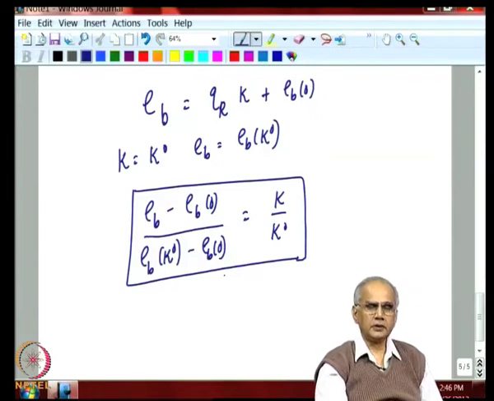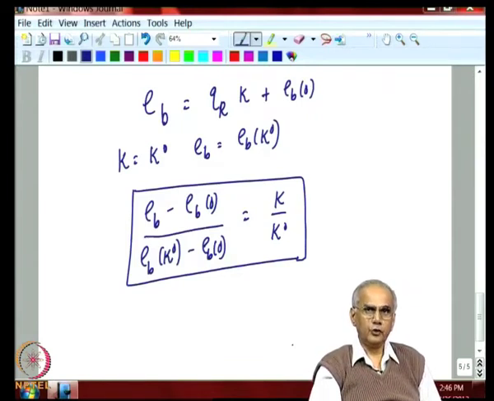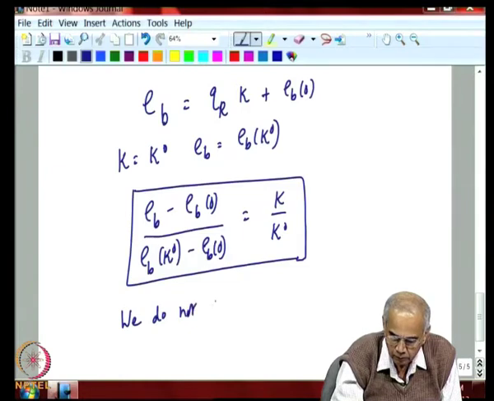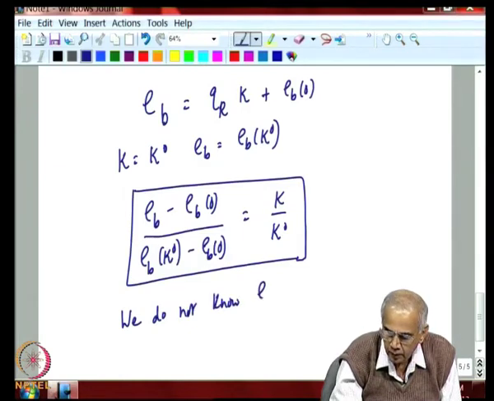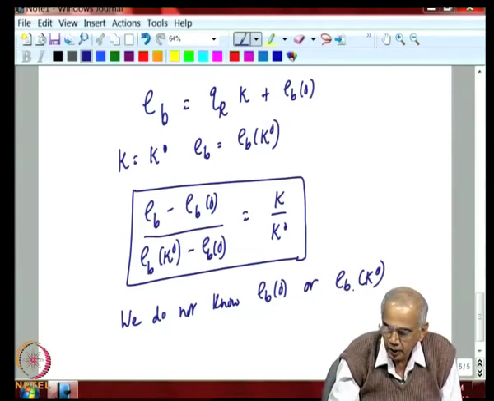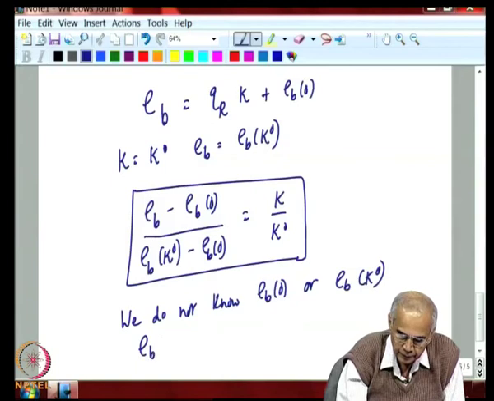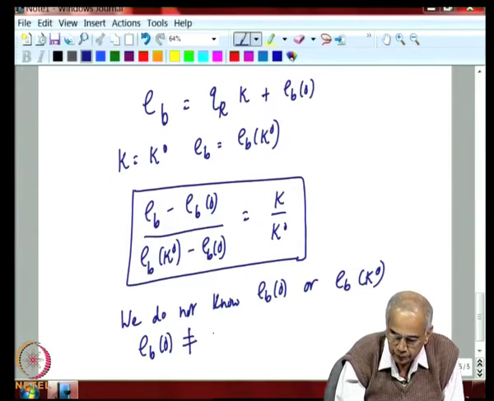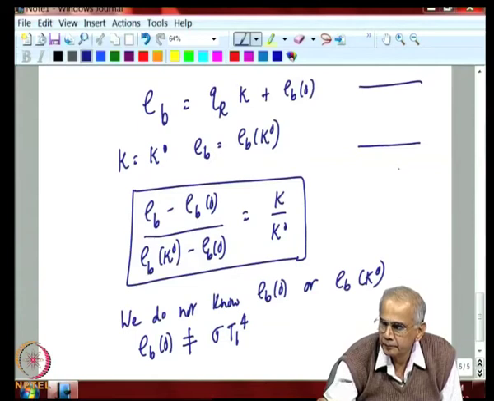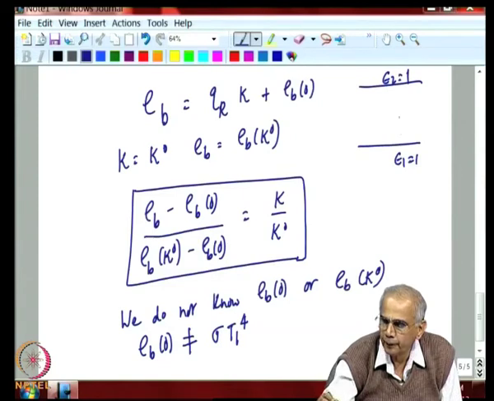But although this result is simple and elegant, it is not that useful, because we do not know E b 0 or E b kappa 0. And it is important to recognize that in radiation problems, E b 0 is not equal to sigma T 1 to the power of 4, even assuming both surfaces are black.